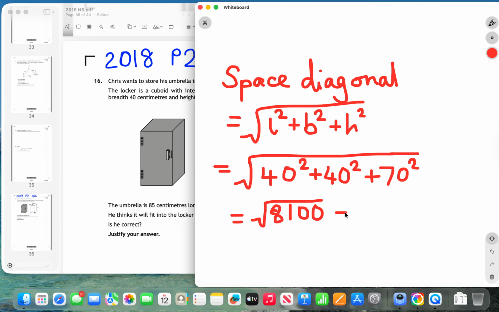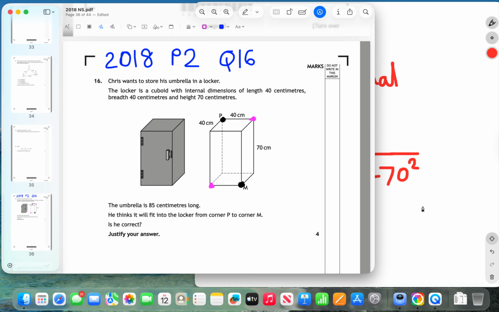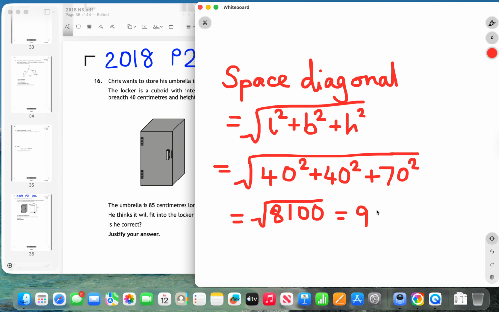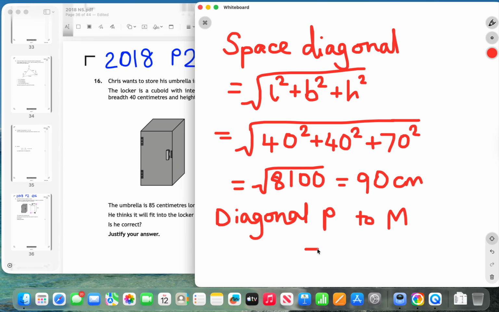So the length of the space diagonal from P to M is 90. So what we can then say is the diagonal of P to M, again, you really want to specify which diagonal is the space diagonal, because you'll need that in the justification. So the diagonal P to M is 90 centimetres.